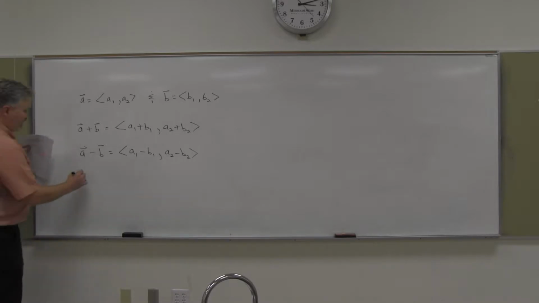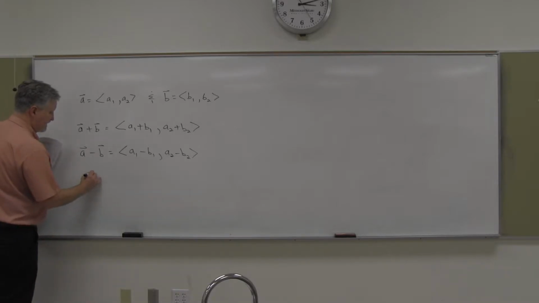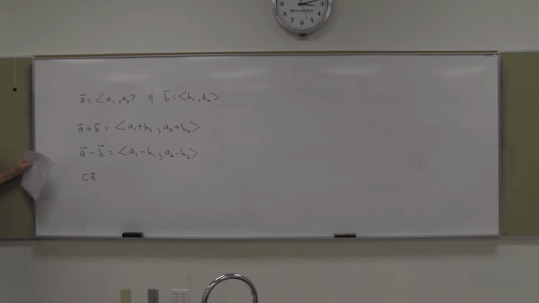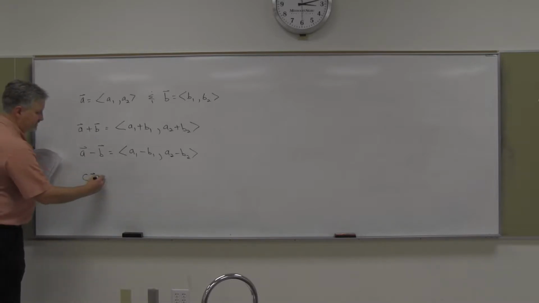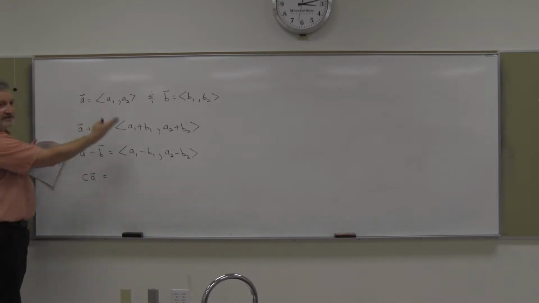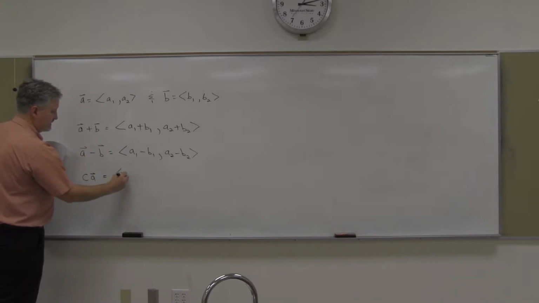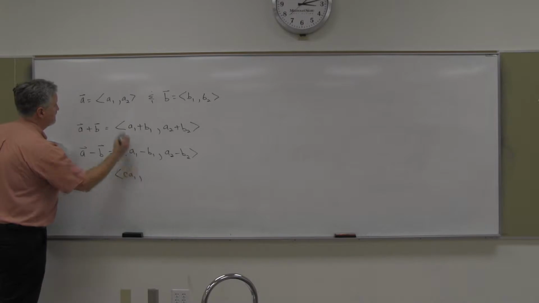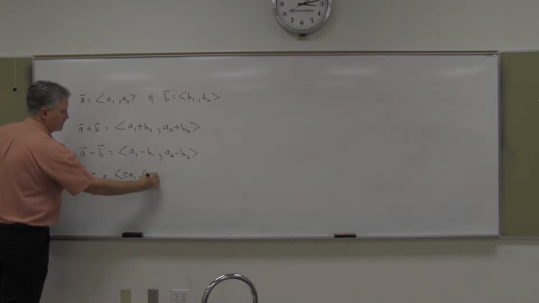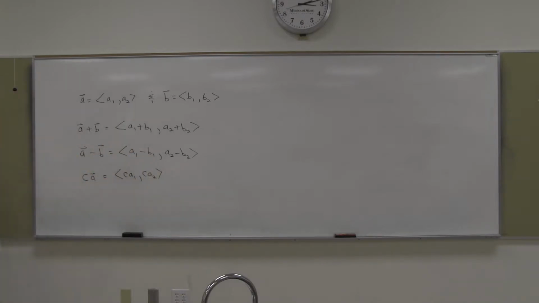And then multiplying it by a scalar is easy too, because if you want to multiply vector A by a number C, you just multiply each component by that scalar, C. So it'd be CA1 and then CA2. Those three are similar.